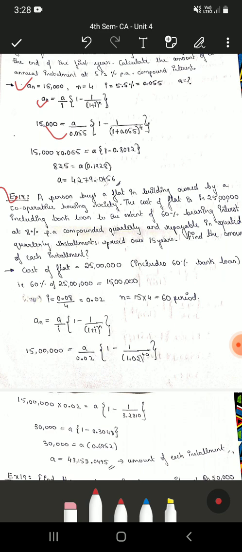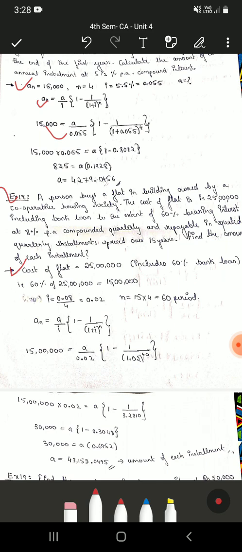Find the amount of each installment. So the question is clear. They have asked to find out the amount of each installment, and here they have given the actual cost of the flat, 25 lakhs, which includes 60% of bank loan.